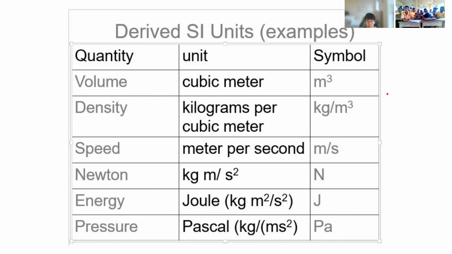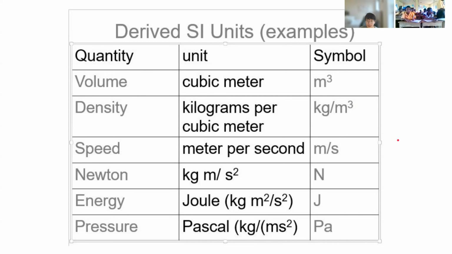Maybe when measuring the volume of a cube, you have to multiply the sides and it results in the unit of cubic meter. We learned about density, which is also a derived SI unit, because we're dividing kilograms by cubic meter. And it's not just a simple unit.